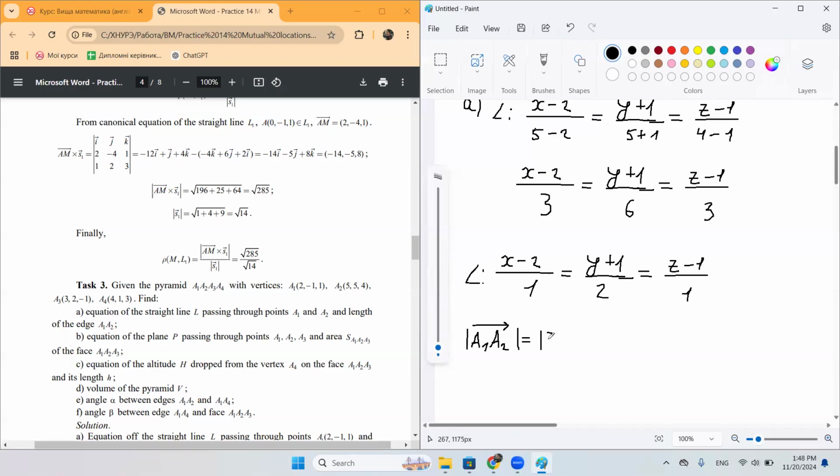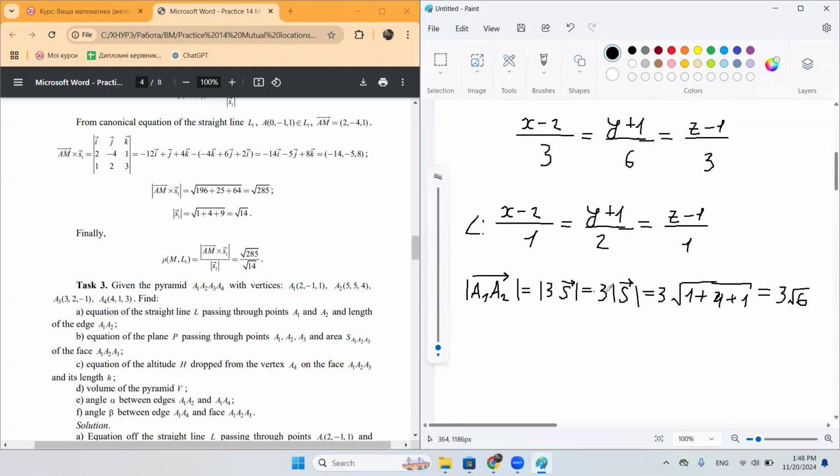This is the magnitude of 3 direction vectors S, so moving 3 out of the magnitude: 3 by 1 plus 4 plus 1, so 3 square roots of 6. So this is the length of this edge.